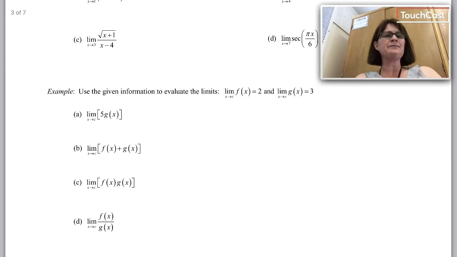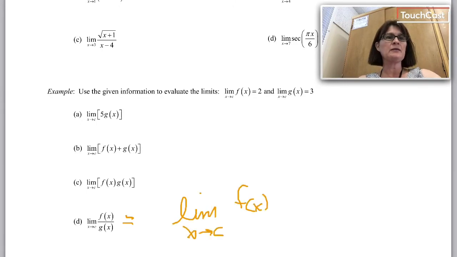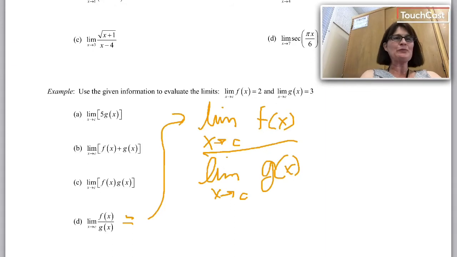So let's do letter D. I'm going to say that the limit as x approaches c of f of x over g of x is equal to, according to that table up above, the limit as x approaches c of f of x divided by the limit of g of x.